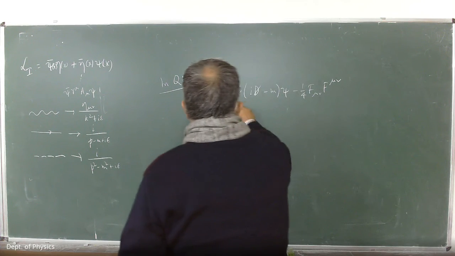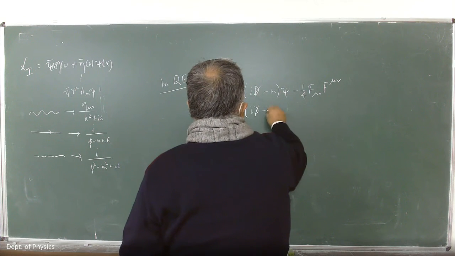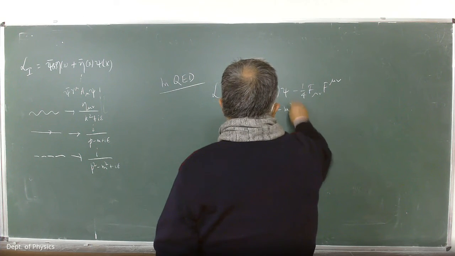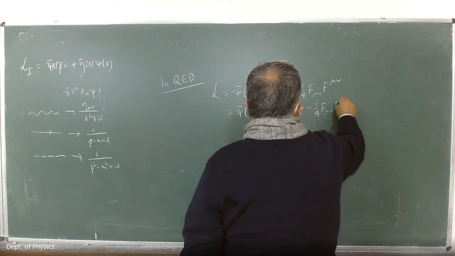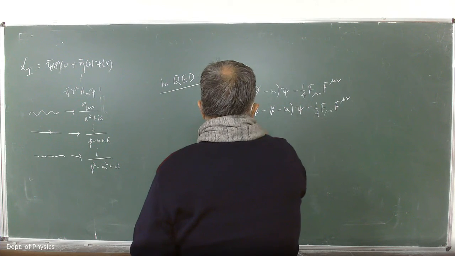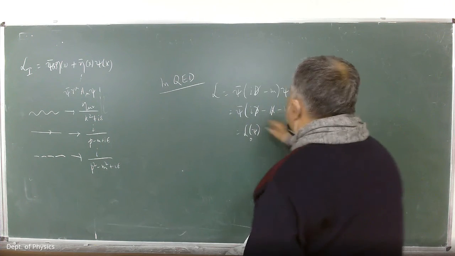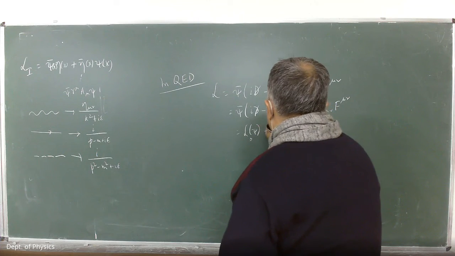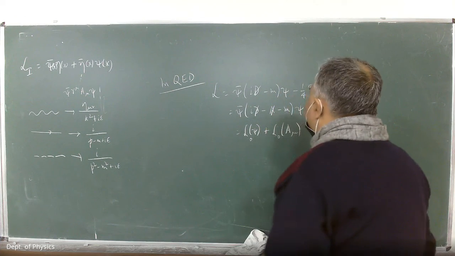So it will be psi bar i del slash minus i e A slash minus m psi minus 1/4 F squared. These give you the free Lagrangian for the fermionic field, i del slash minus m. This will be the Lagrangian for the photon field, A mu.